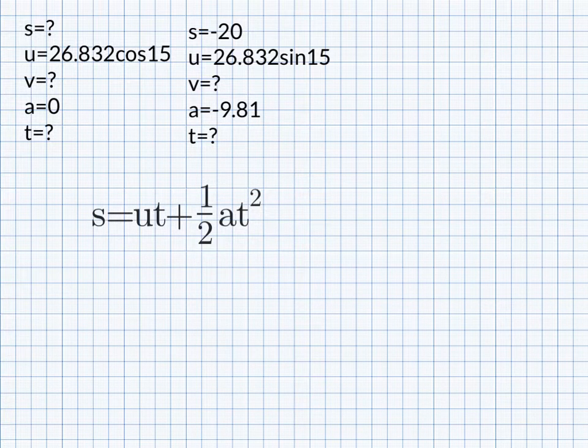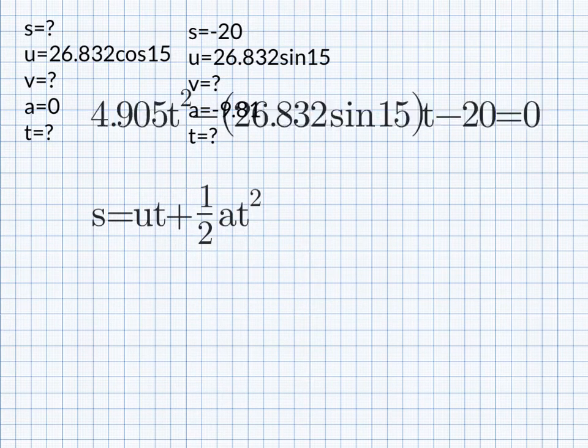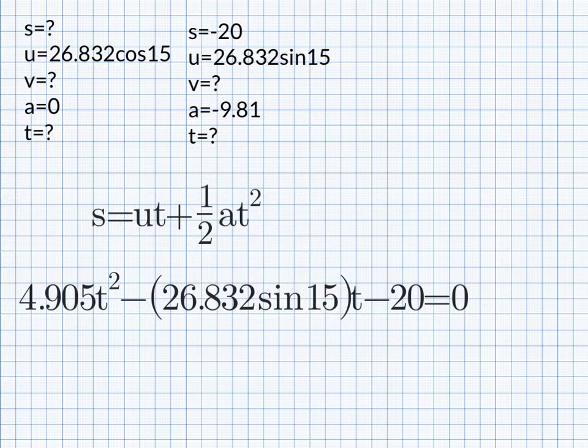Now, we're going to do a lot here in the next step. We're going to substitute all the numbers, and we're going to bring all the right-hand side to the left. So we're going to end up with an equation that looks like this. 4.905 t squared, so that's half of a, and it's become positive because we've moved it to the left, minus whatever's in that bracket is our u, and again it's negative because we've brought it to the other side, minus 20 equals 0.